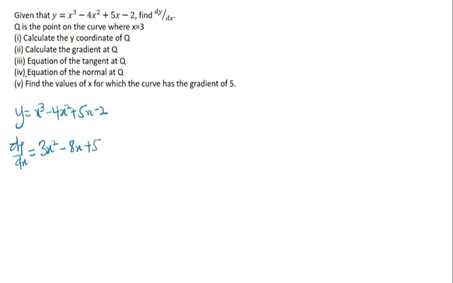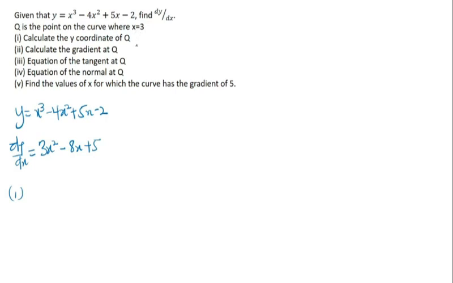Now let's tackle the I aspect of the question. It is telling us to calculate the y coordinate at Q. For us to find the y coordinate at Q, we use the curve equation to find y, where the x1 coordinate is 3.